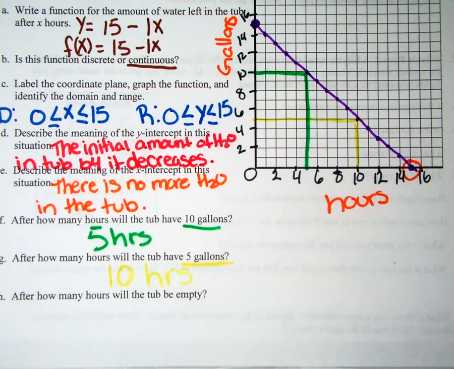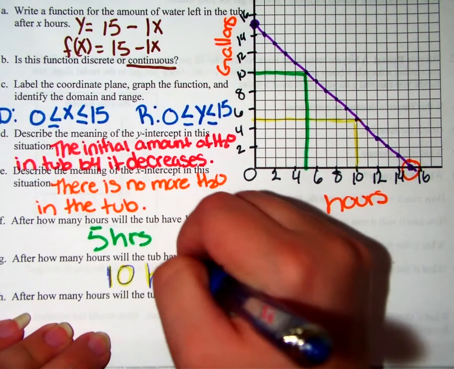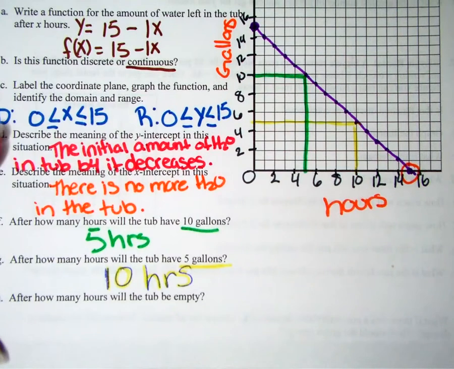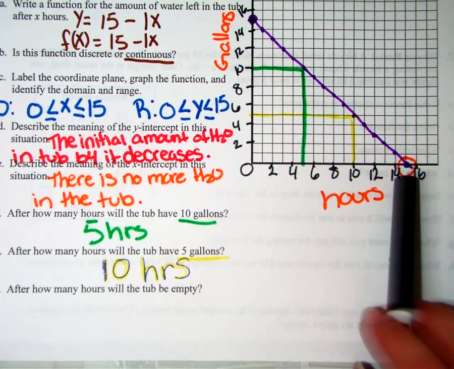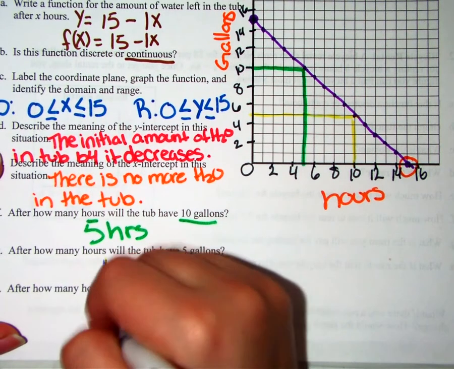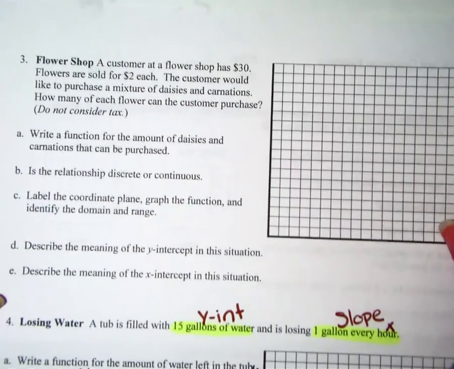Let me go over that with a pen so you can see it. And after how many hours will the tub be completely empty? 15 hours. Good.